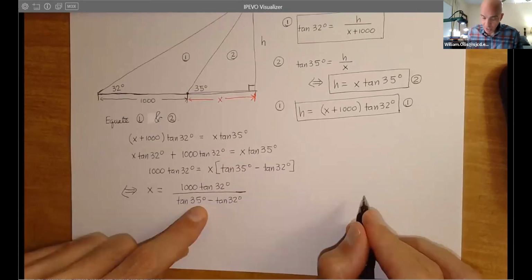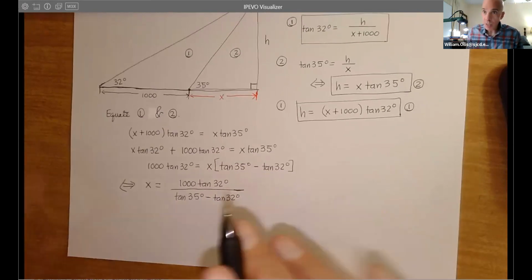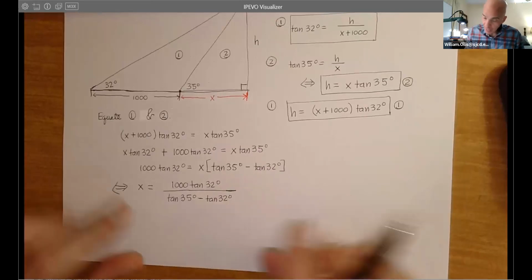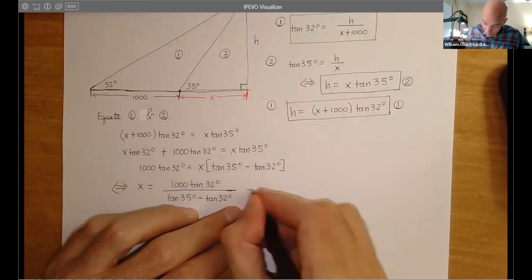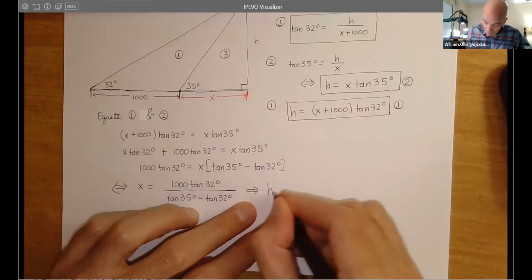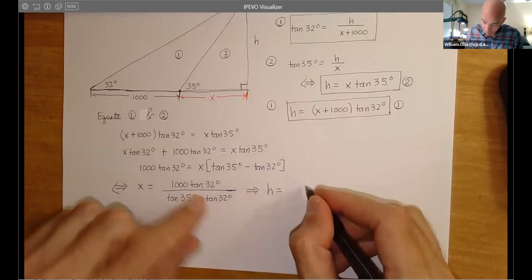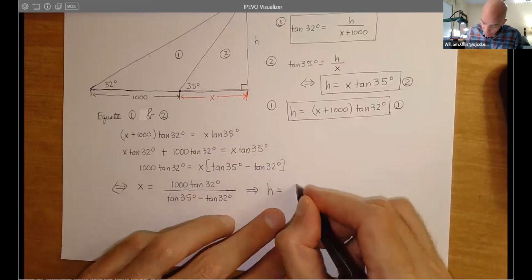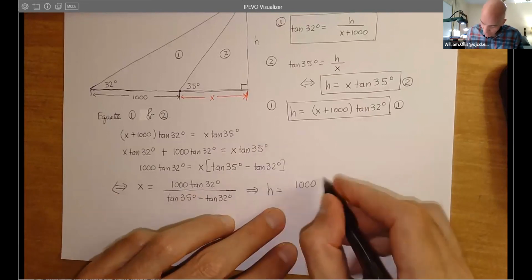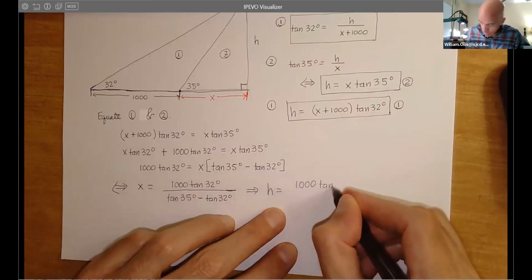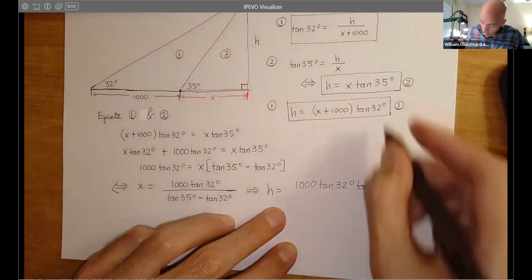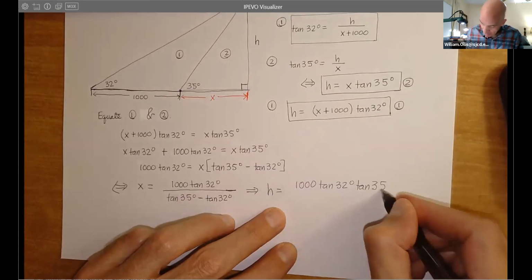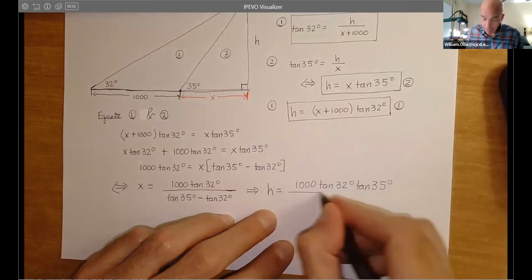So that's X, and now we're pretty much done. X times tangent of 35 degrees is H, so we just multiply by tangent of 35: H equals 1,000 times tangent of 32 degrees times tangent of 35 degrees, divided by the difference.